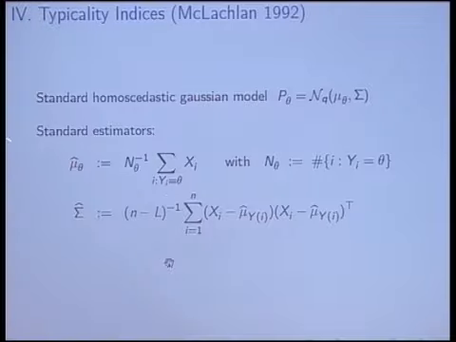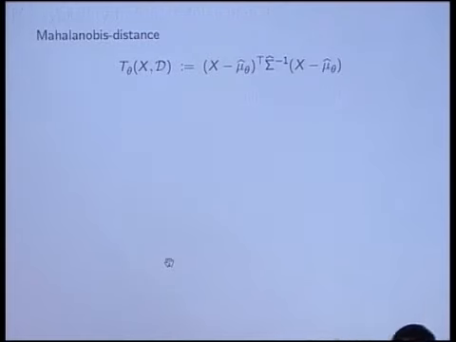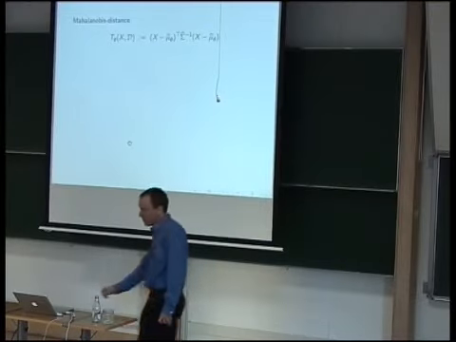Now you consider the standard group-wise averages as the estimators of the mu, and you consider the standard estimator of the covariance matrix. And then, if you want to decide whether class theta is plausible for a new feature vector x, you consider the Mahalanobis distance between x and the estimated center of class theta.